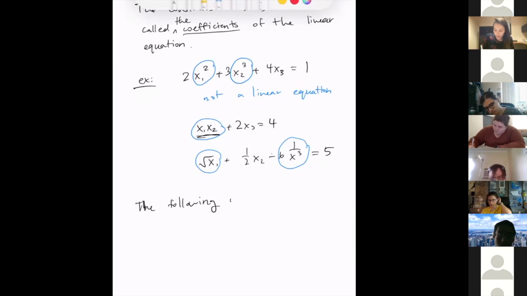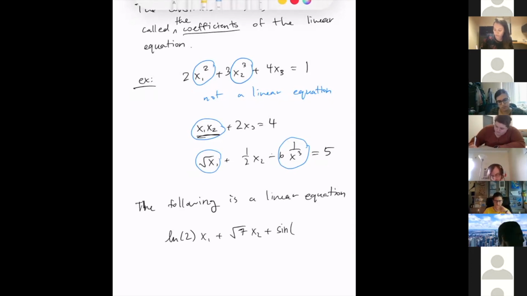The following is a linear equation. Something that looks like natural log of 2 times x1 plus square root of 7 times x2 sine of, I don't know, 3.